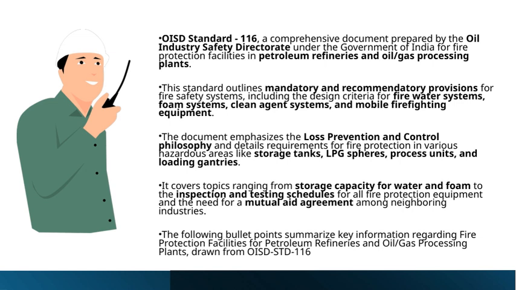Additionally, it stresses the importance of establishing mutual aid agreements among neighboring industries, which can be vital during emergencies. To summarize, the key points from OISD Standard 116 guide us on how to ensure robust fire protection facilities tailored to the unique hazards of our industry, reinforcing safety and preparedness across our operations.